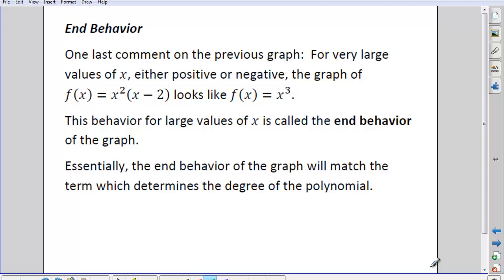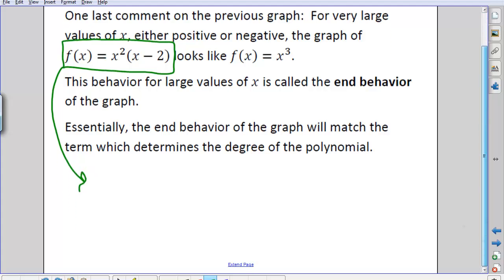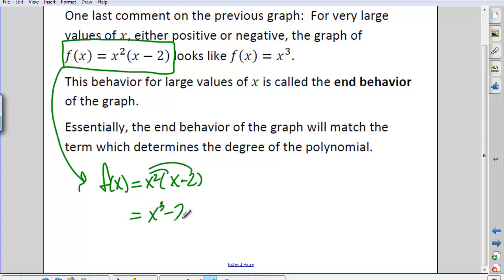As an example, again working with this same function here, if I have x squared times x minus 2, and I distribute that, I get x cubed minus 2x squared. Now which term determines the degree there? It's this guy right here, x cubed. That means my end behavior will look like the graph of x cubed.